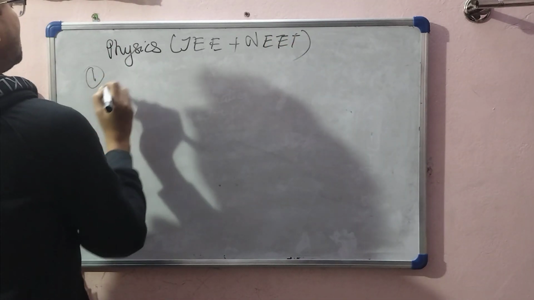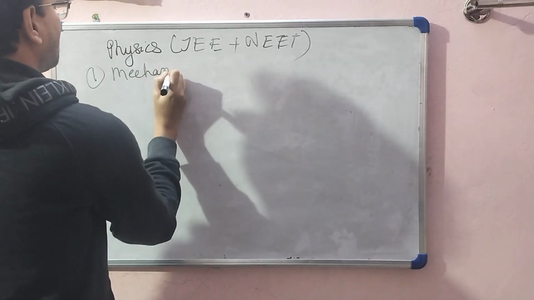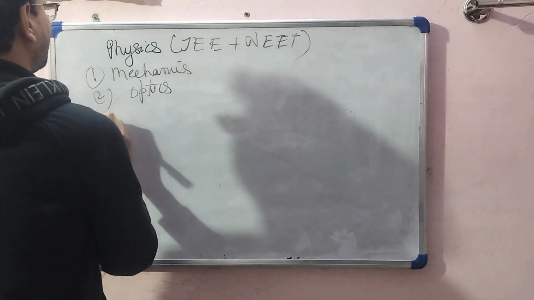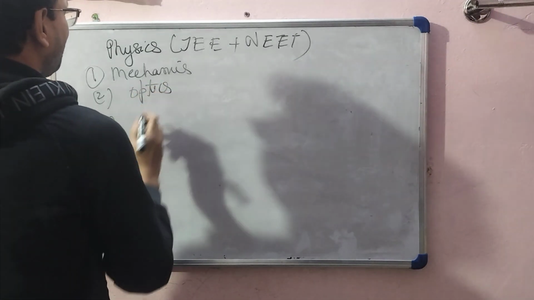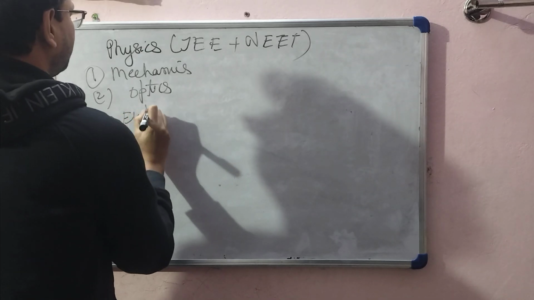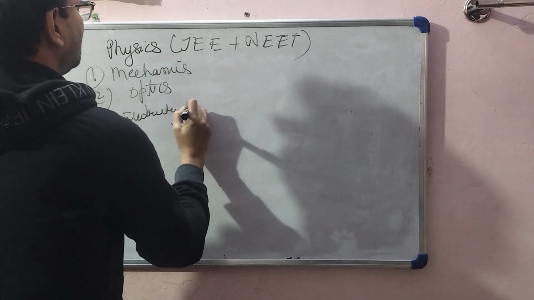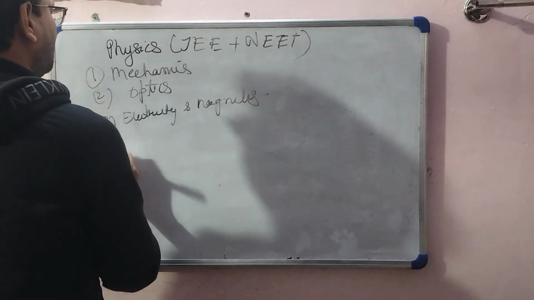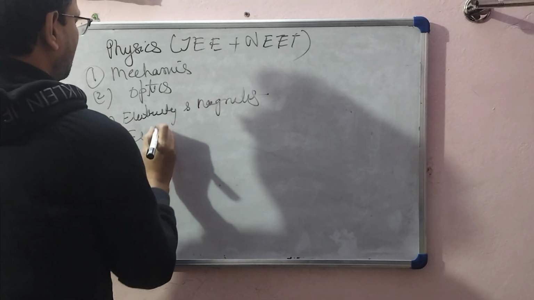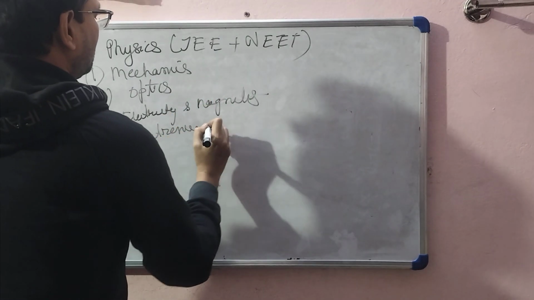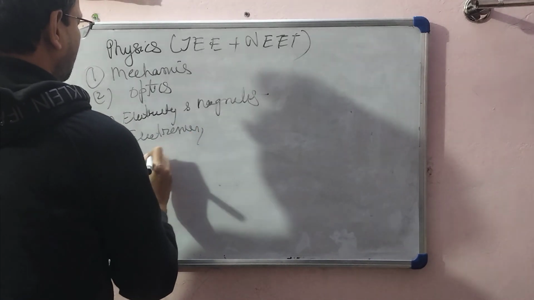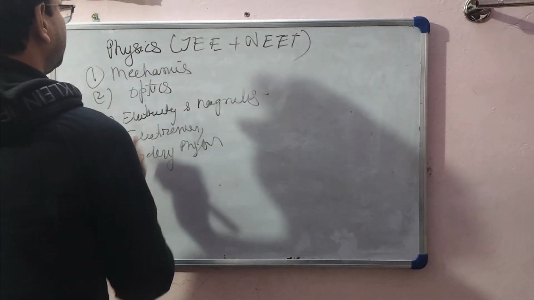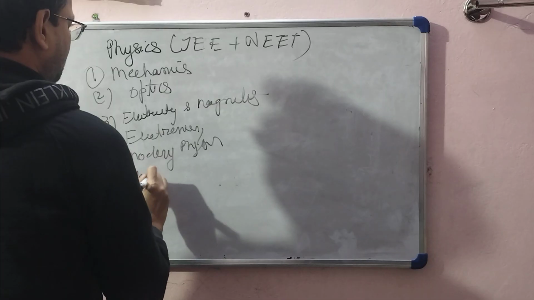Different branches of physics, like mechanics, optics, electricity and magnetism, electronics, modern physics, heat and thermodynamics.